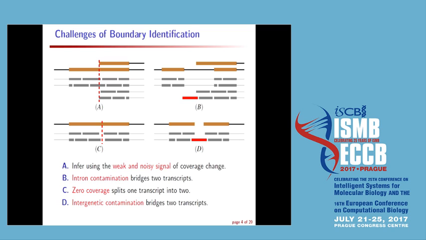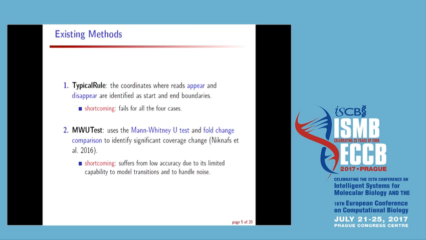Last, if there is intergenic contamination that connects two transcripts, then we might misreport those two boundaries. So this is a really tough task, and limited effort has been focused on this problem.